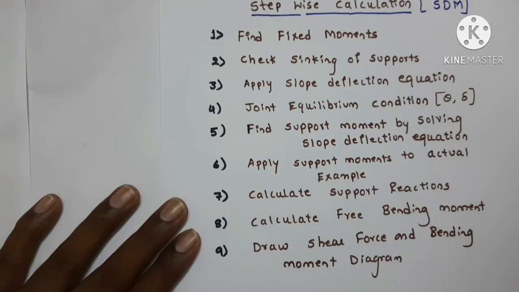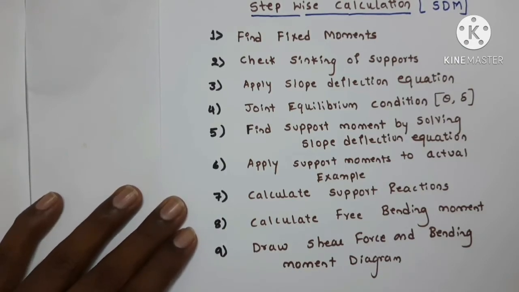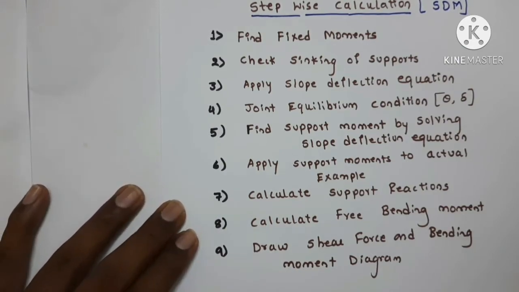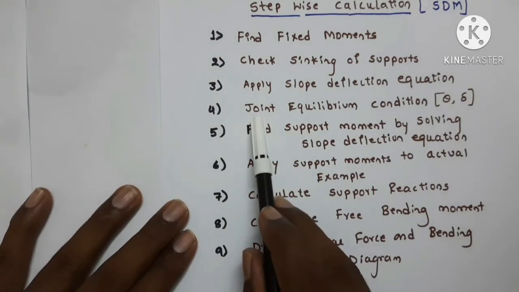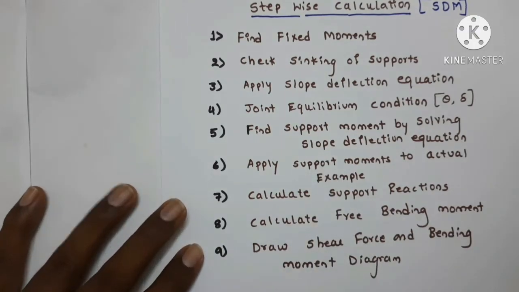In the same way, in our actual problem, we need to know where the deflections and rotations are, so we have to note them down. If the rotations are available, I have to consider joint equilibrium for that particular joint.